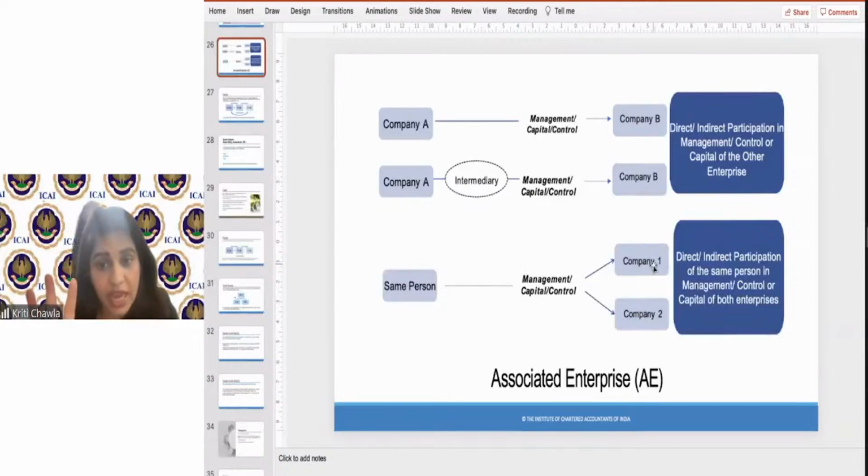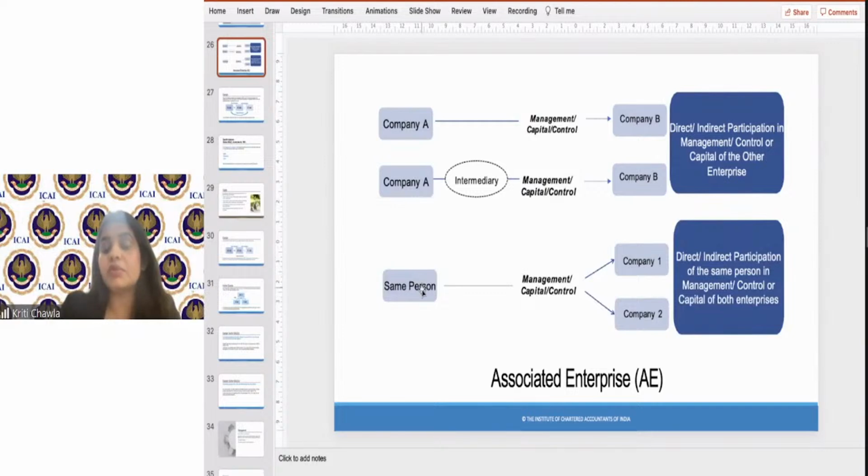Out of 15 board of directors, this person has appointed 9 of them. That means this person is related to company 1 because this person has appointed more than half, which is 9 in 15.